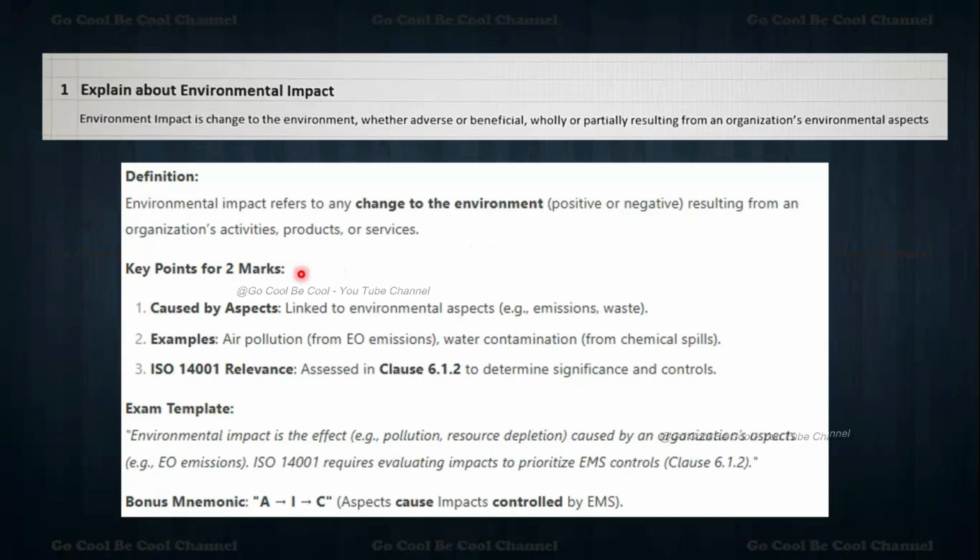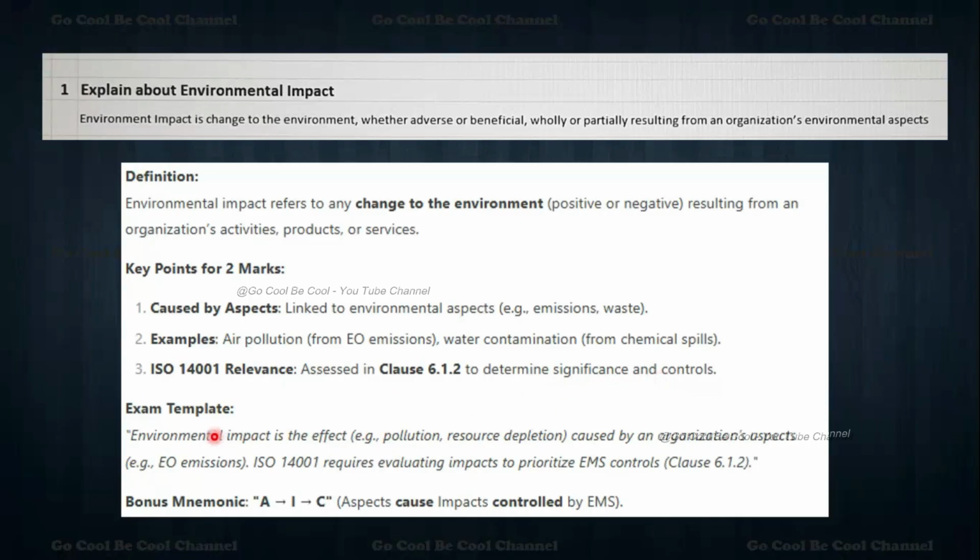Generally, key points for 2 marks: caused by an aspect, linked to an environmental aspect. Examples: emission, waste; air pollution from emissions, water contamination from chemical spills. ISO 14001 relevance: assessed in clause 6.1.2 to determine significance and control.